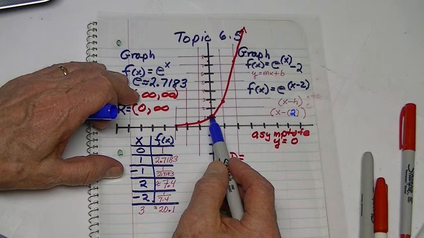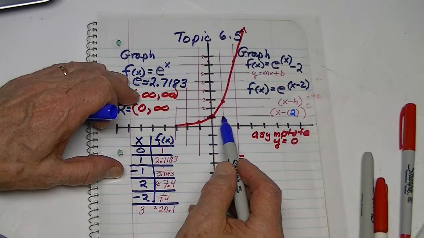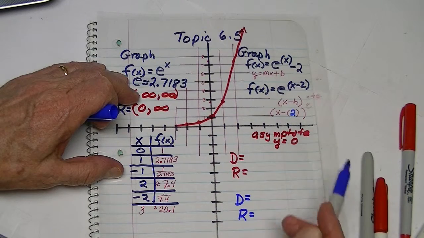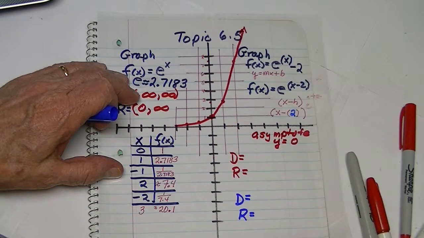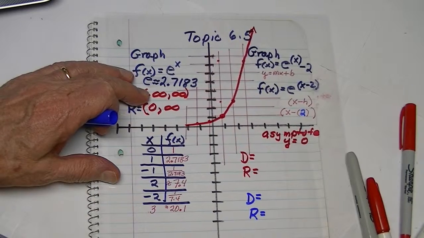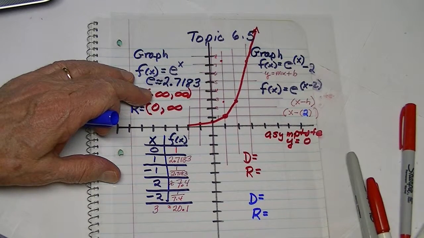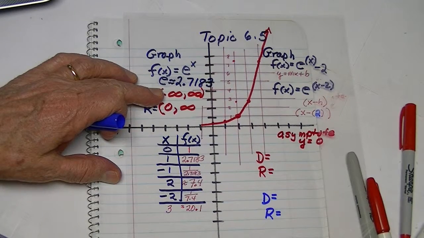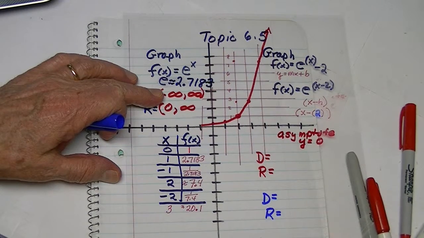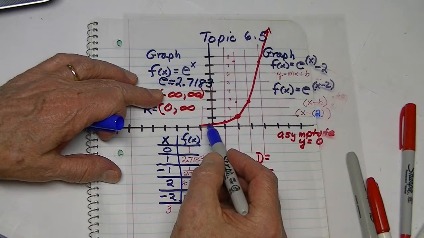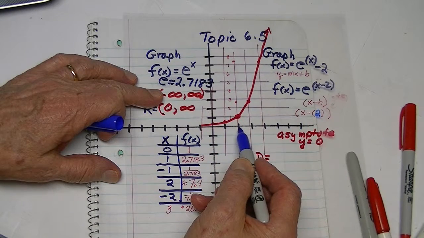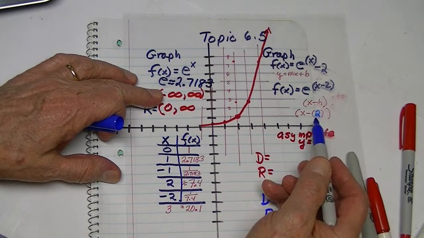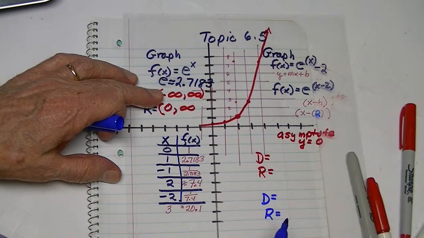So there's our original point. We're going to move this over now 2 places to the right. So it would be like a negative 1, and now it's a negative 2. But we've moved it over to a positive 2, and that's what this graph looks like.